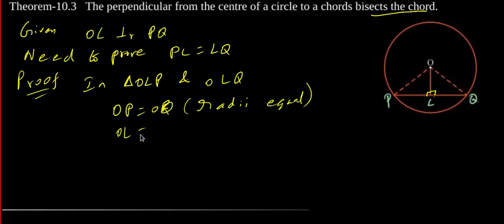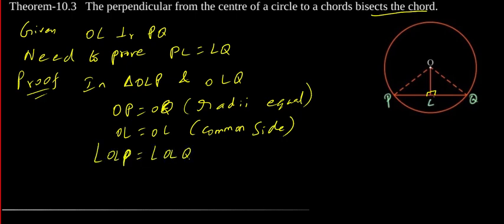And OL equal to OL, OL is the common side for both of the triangles. And this OL is perpendicular to the chord PQ, so angle OLP equal to angle OLQ, both 90 degrees each.